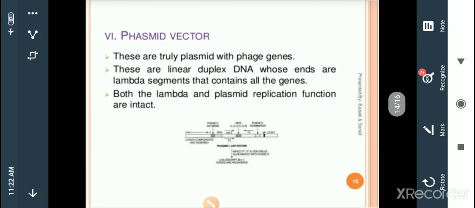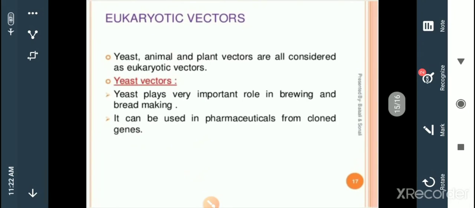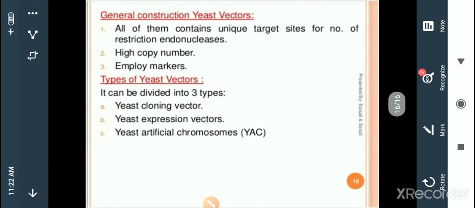Other than that, in the previous classes we also discussed phagemid vectors and phasmid vectors. In each and every vector, the basic concept behind the development of vectors is making similar copies of the desired genes.